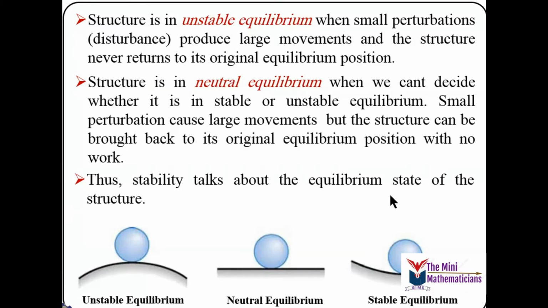So we can say that in stable equilibrium, the structure is within the elastic range; in neutral equilibrium, the structure is in its inelastic range; and in unstable equilibrium, the structure is approaching its collapse limit or collapse state.